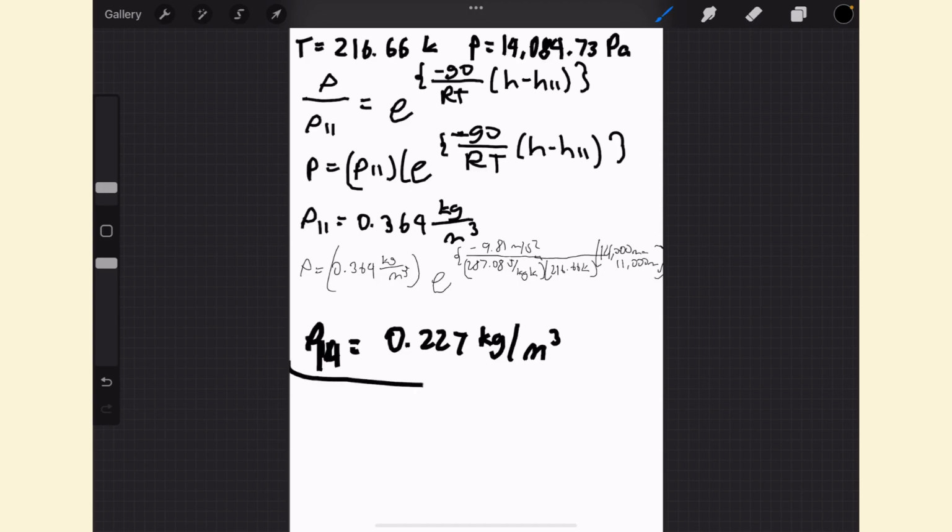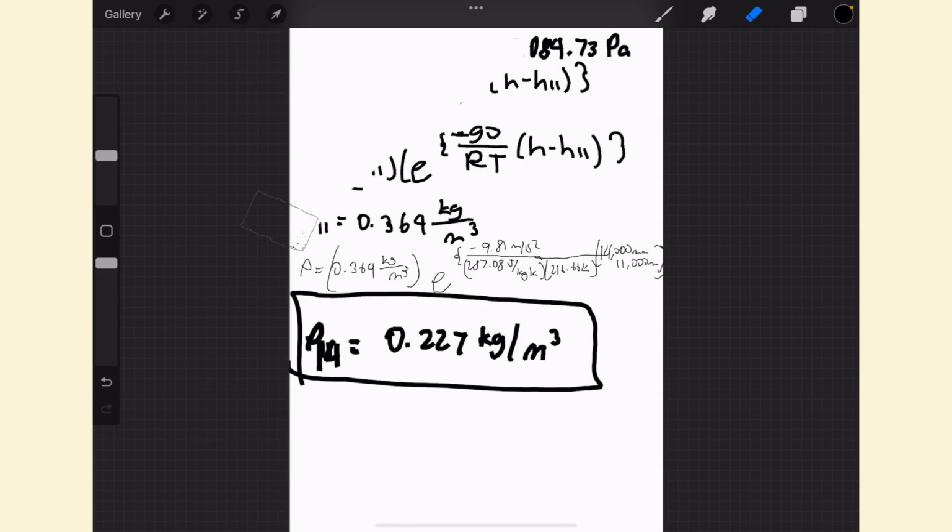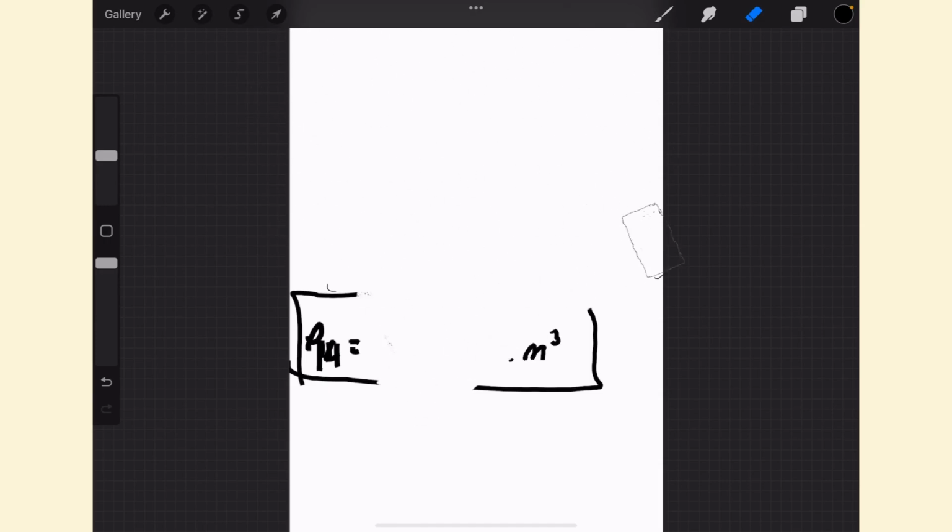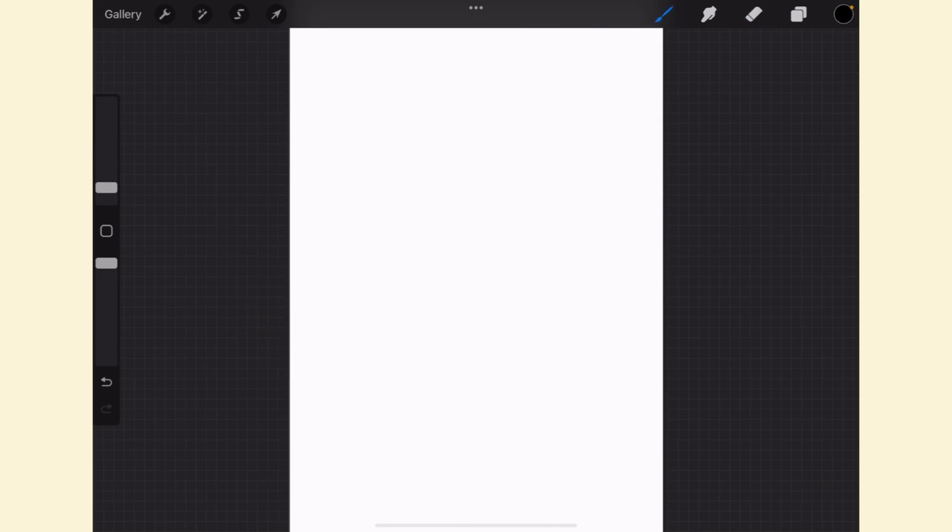Okay? So, ayan. Dahil alam na natin yung temperature, pressure at density, ang value nila sa 14 kilometers in the atmosphere is given by this following result.